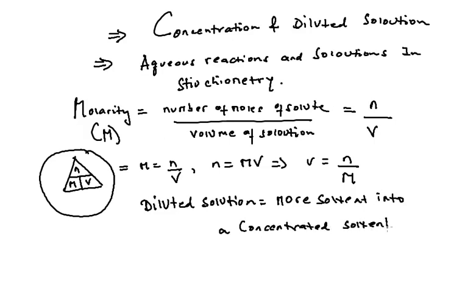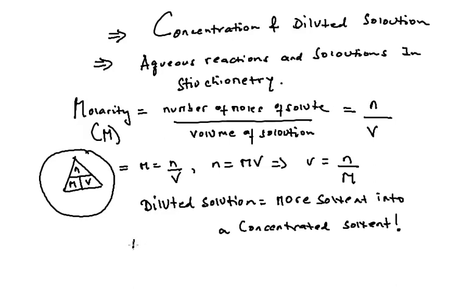Now the question that would be asked here, how much solvent are we going to add here? So one of the relationships is that when solvent is added to a concentrated solution, the number of moles of solute in the concentrated solution and in the diluted solution remains the same.